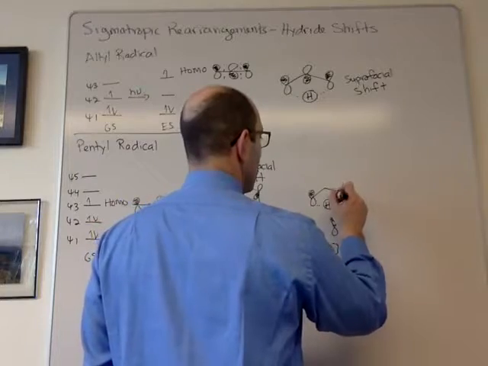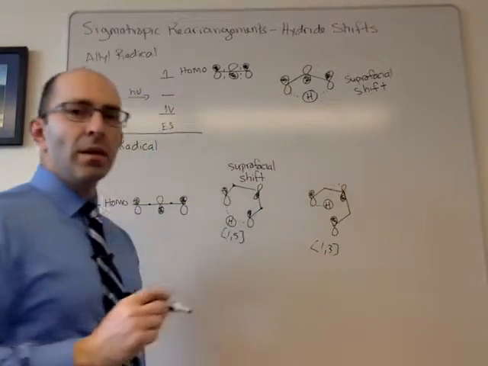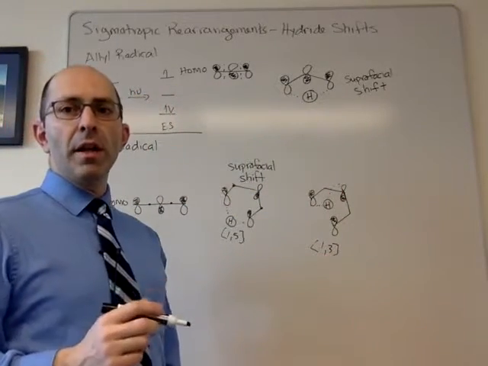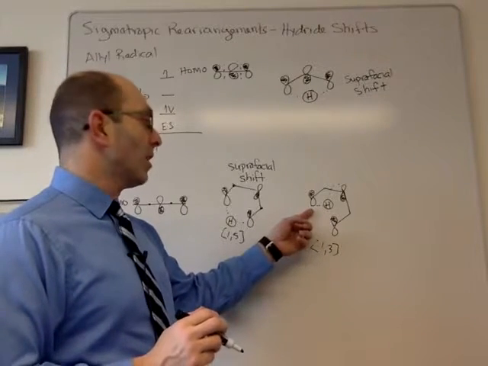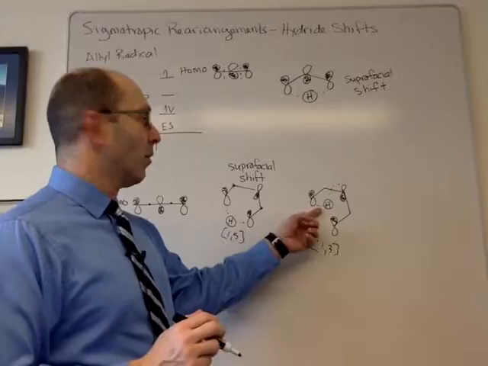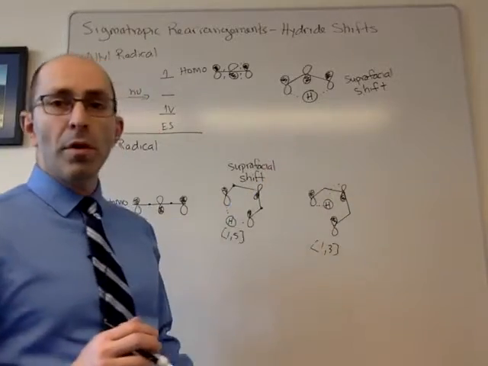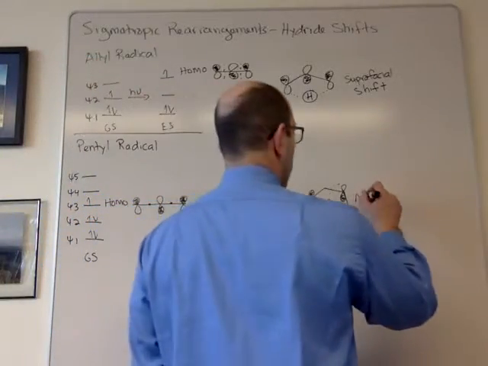We can see that the H would be shifting in an antarafacial fashion. Again, like an anti-addition to an alkene, we have the H forming a bond or breaking the bond from an orbital on the bottom and then moving to an orbital on the top. So this would be an antarafacial shift.